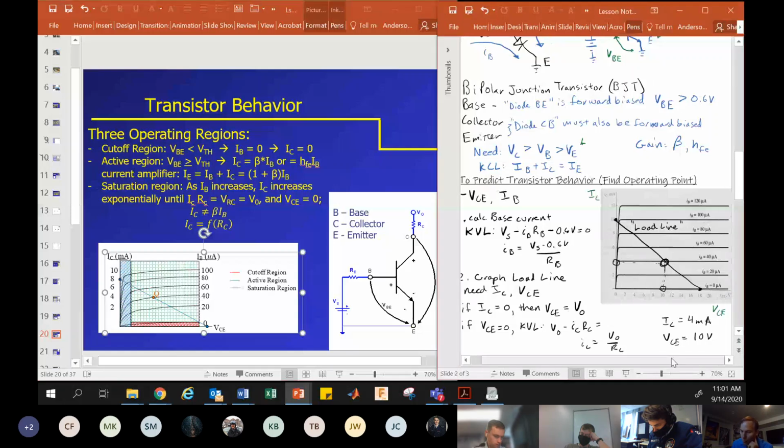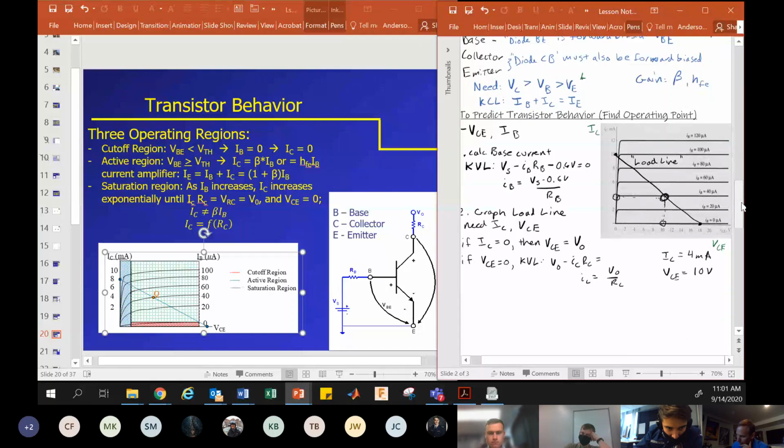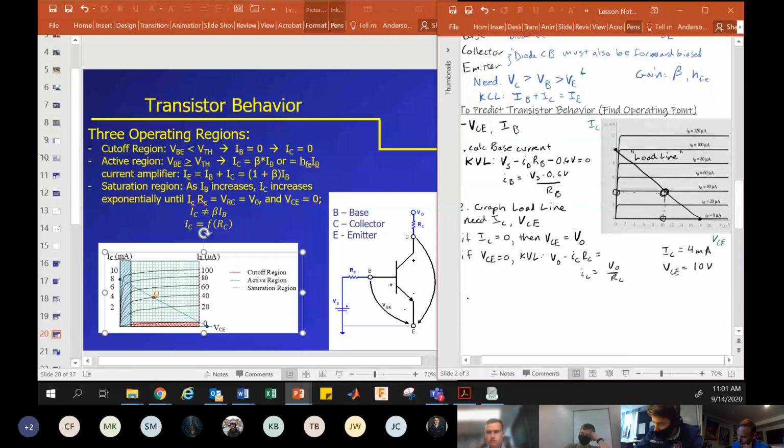Okay. What is the gain of this transistor? What was gain again? Is whatever the factor by which IB was raised to IC.